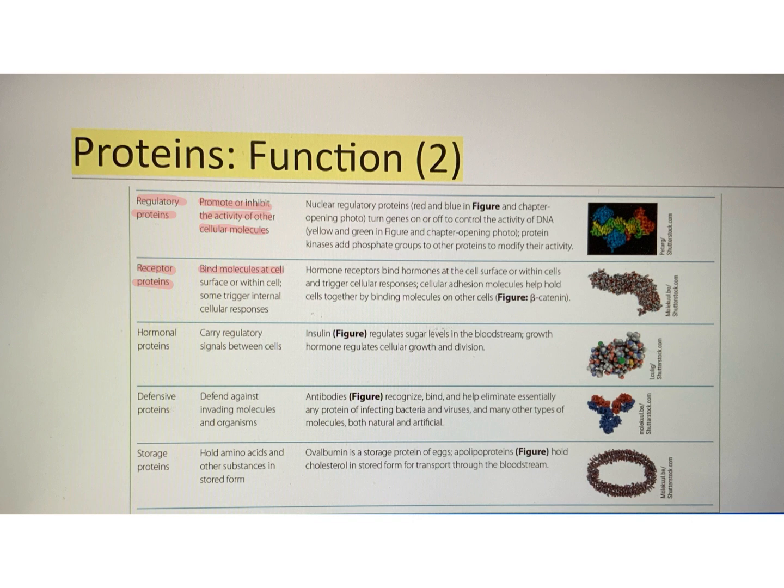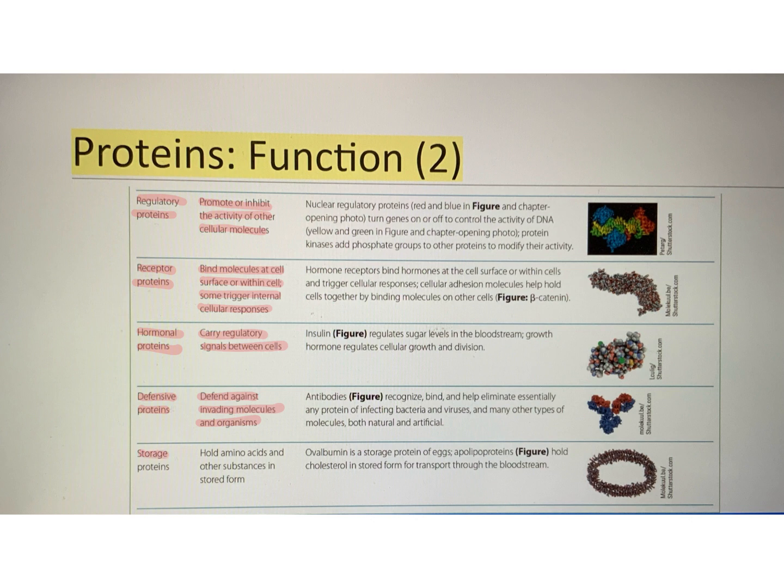It's their job to intercept molecules and to trigger some kind of response from the message that those molecules send. There are hormonal proteins, which carry signals between cells, defensive proteins that help your body to fight off pathogens or anything that can cause you to be sick, so think antibodies here.